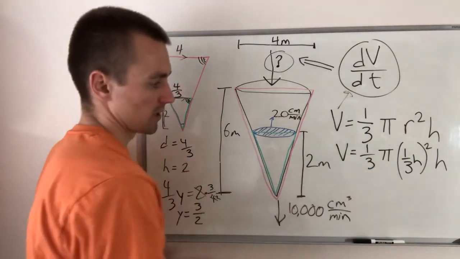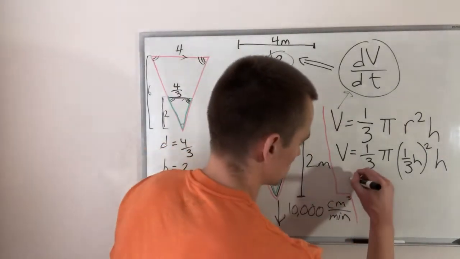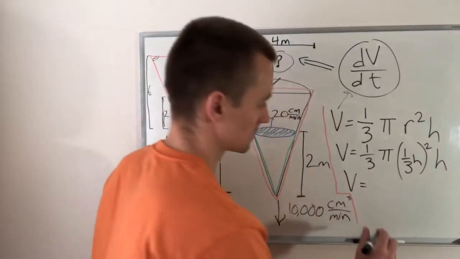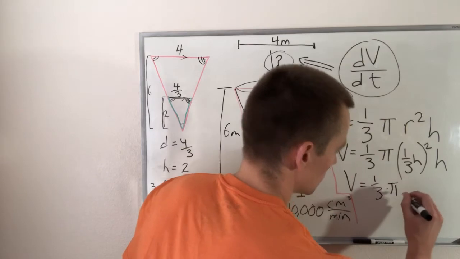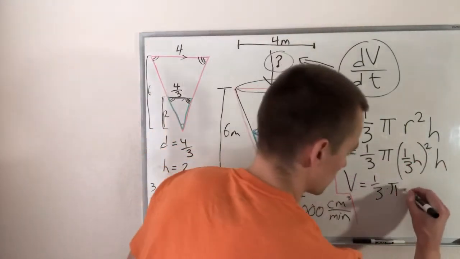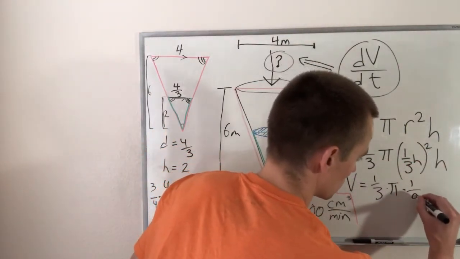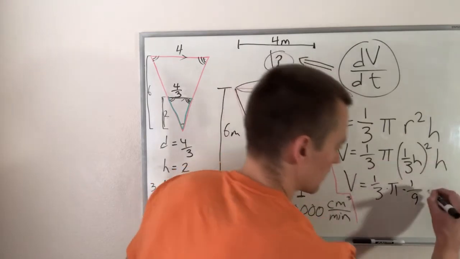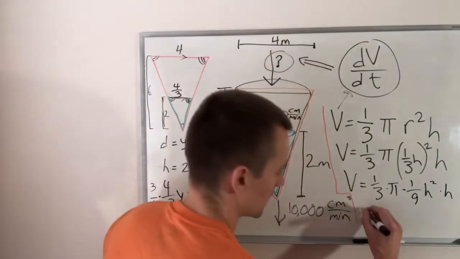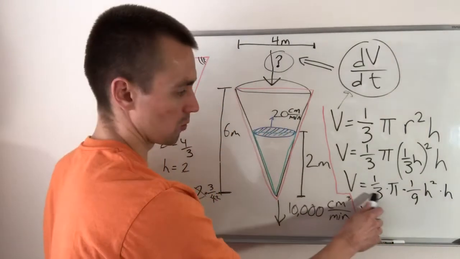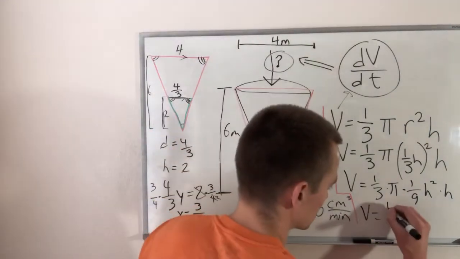Now we can just simplify this a bit, so that'll give us volume equals 1/3 times pi. 1/3 squared would be 1/9. H squared times h. And then we can combine our like terms. So 1/3 times 1/9 would be 1/27.